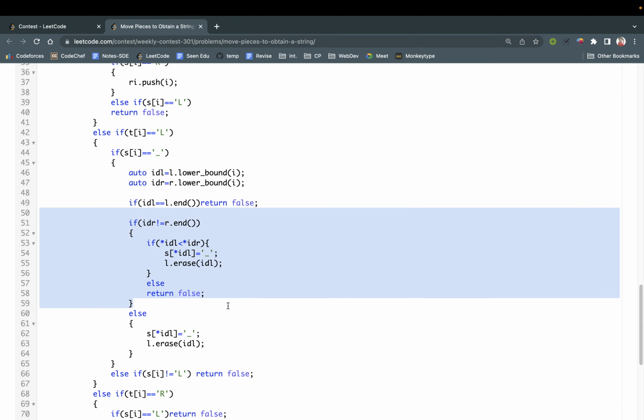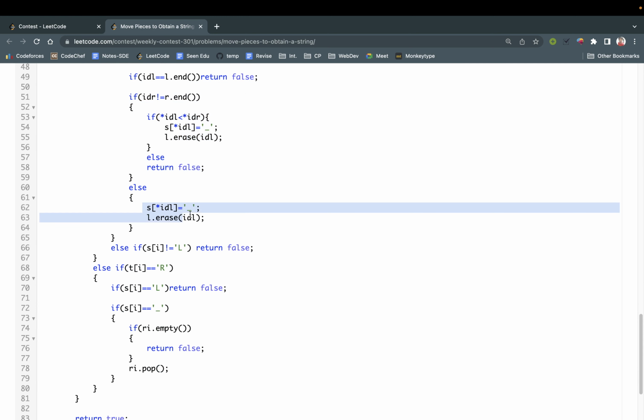If R is not present, then we only have to do this for L, because we do not have any boundary obstacles for our L to come to the left side, because no R is present on this side.